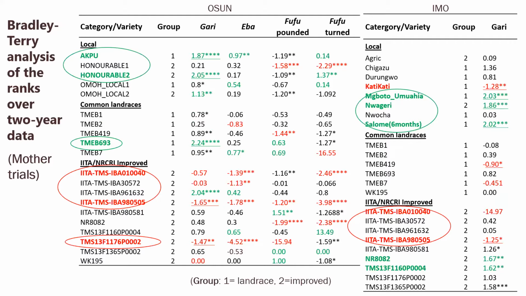So you get quite a good distinction between good and bad varieties, but it also varies per product. Certain varieties that are very good for Gari are not necessarily good for Fufu. And there's a difference in varieties liked in Imo and in Osun, so the different fermentation cultures that they represent.